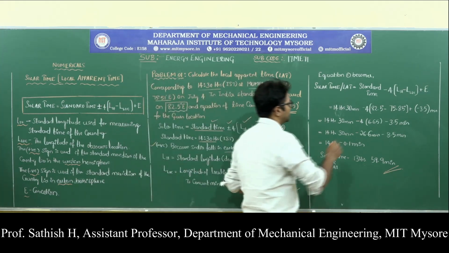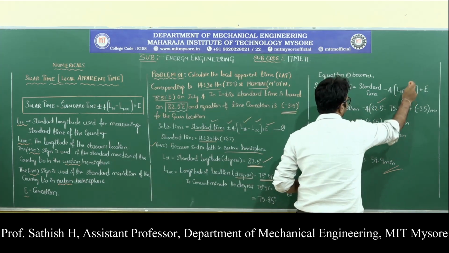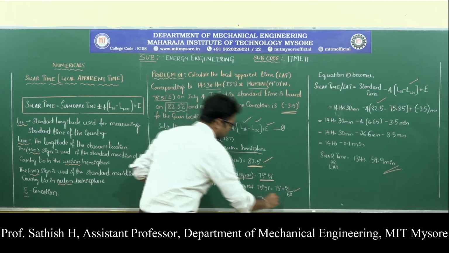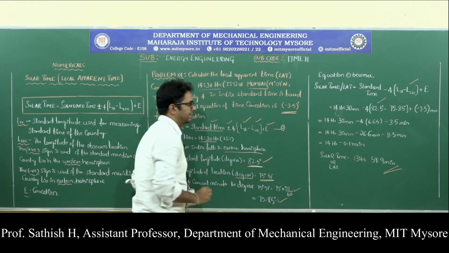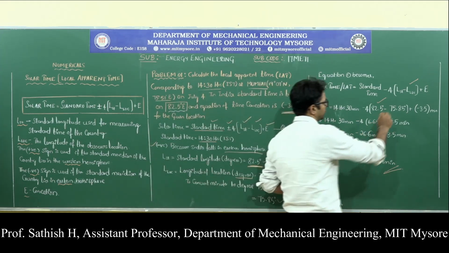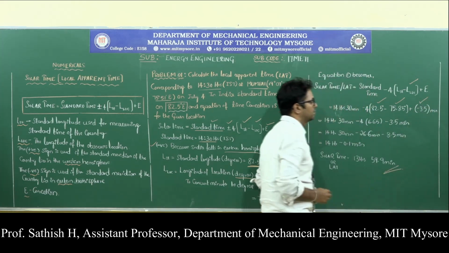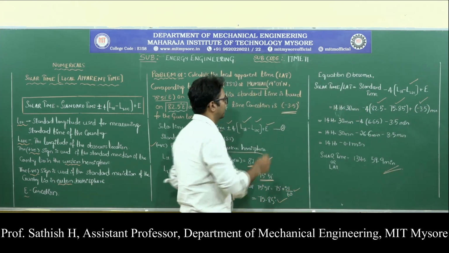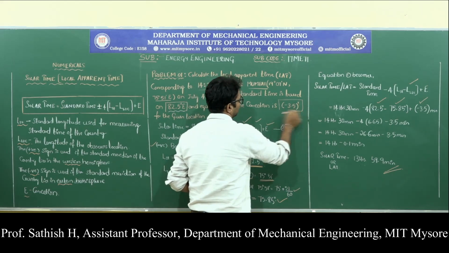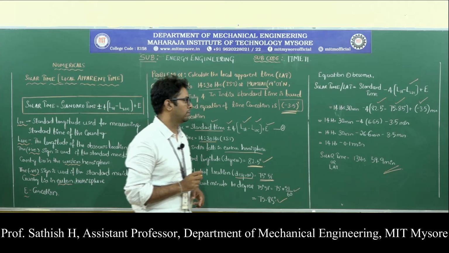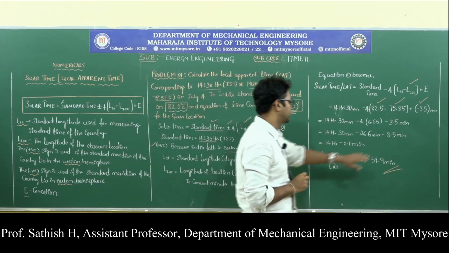Then the longitude of location is 75.85 degrees, and we also substitute the correction factor, plus or minus 3.5 minutes, given in the problem. Be careful about that.